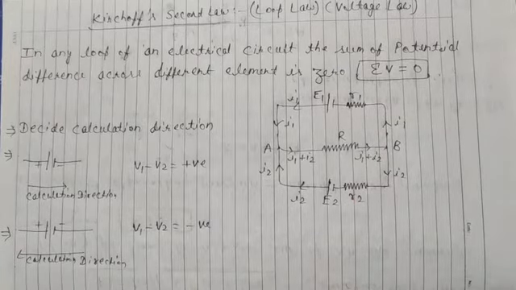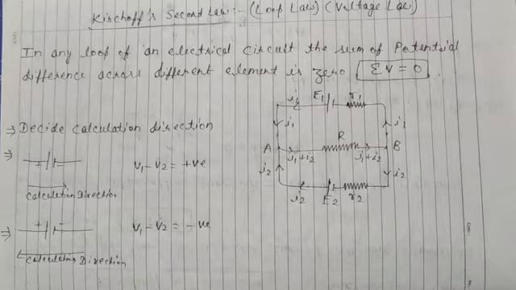And we must first learn how we are going to calculate the potential difference across different elements. Now, to calculate potential difference, what do we have to do before that? Before that, we must take the electrical current direction in all the elements.